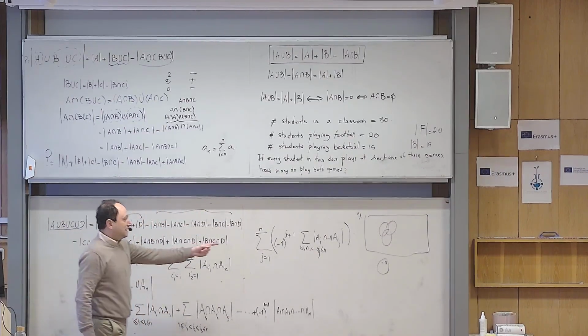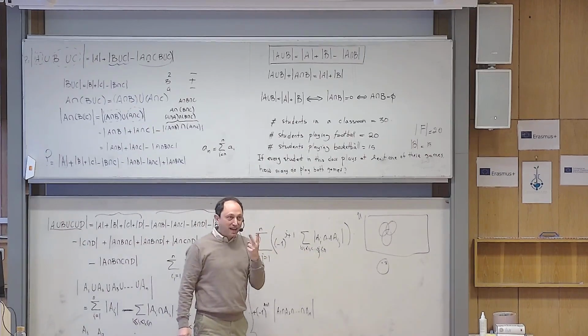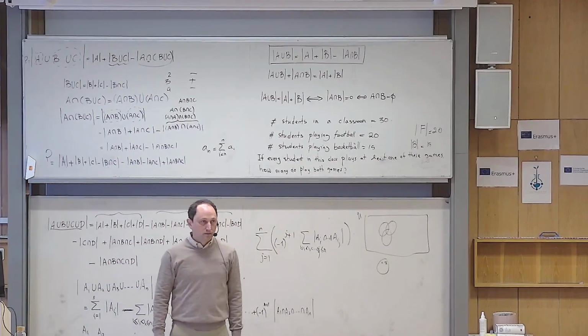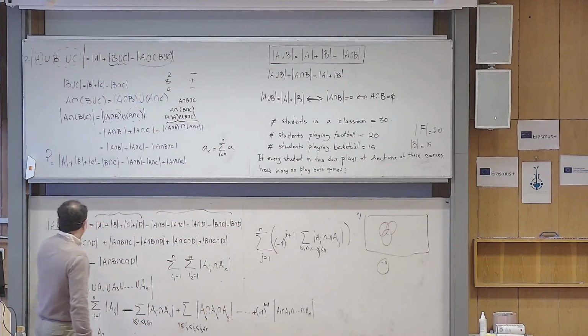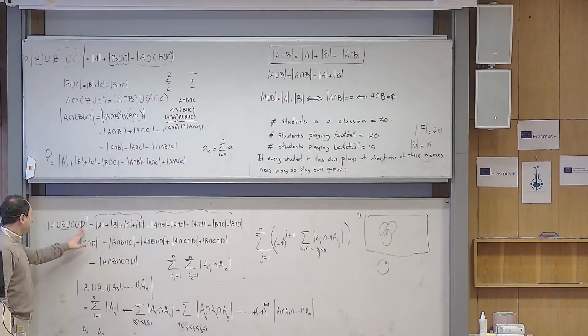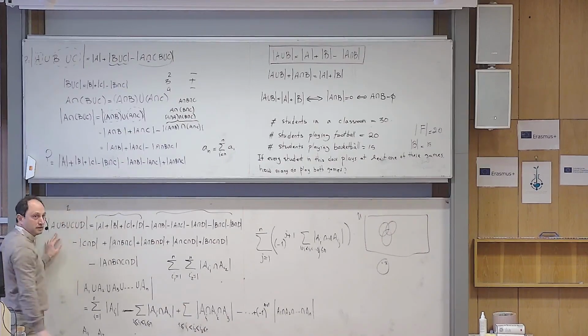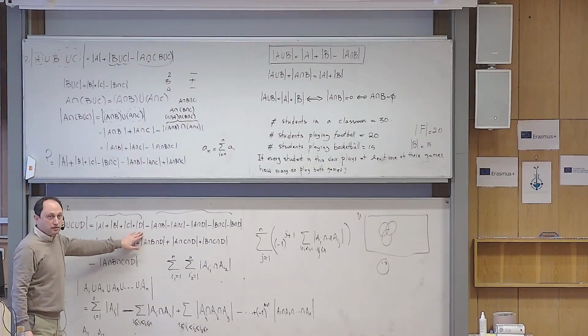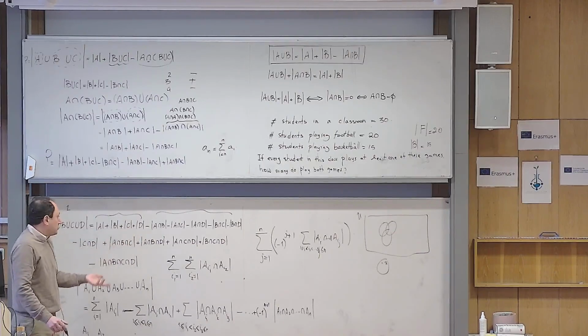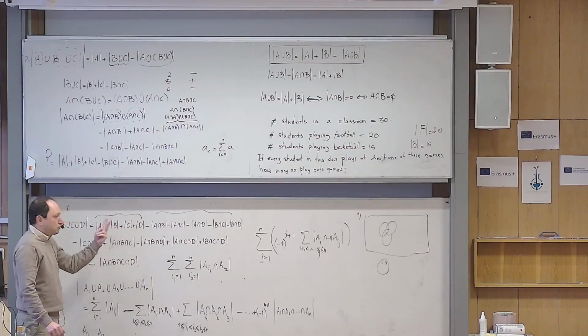Let us consider that x belongs to exactly 2 sets. Okay? How many times does it appear here? In exactly 2 sets, it appears once, yes? But how many times does it appear here? 2 times, because I don't know which two of these are there, but there are 2 of them.